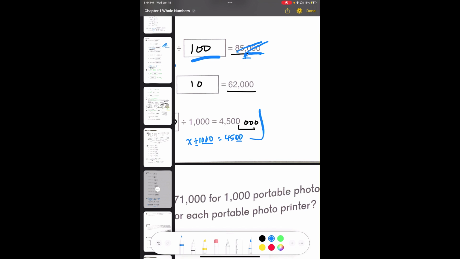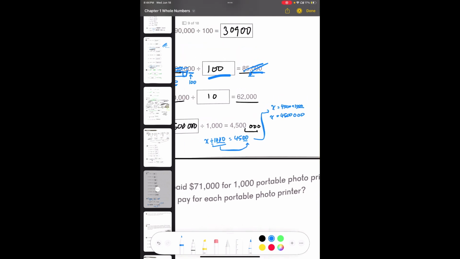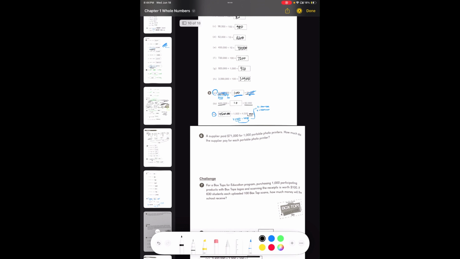So what are we going to do here? We're going to take x equals 4,500, and all we're going to do is move this to this side. So times 1,000. So this becomes x, which is just our variable for now, equals 4,500, 3 zeros, add 3 zeros. And that's our answer for this one.